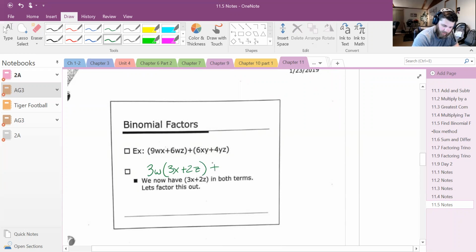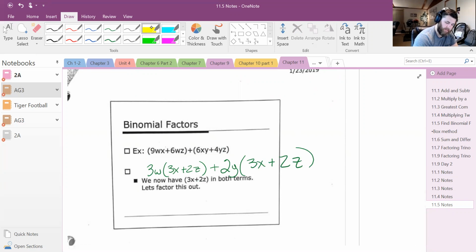Okay, and the next one we have what? Two y. Okay, so we have, see, this is wrong. This should be 3x plus 2z. Oh, no, okay. I get what they're saying. Okay, so we get 3x plus 2z left over, so they're saying we can factor this out.